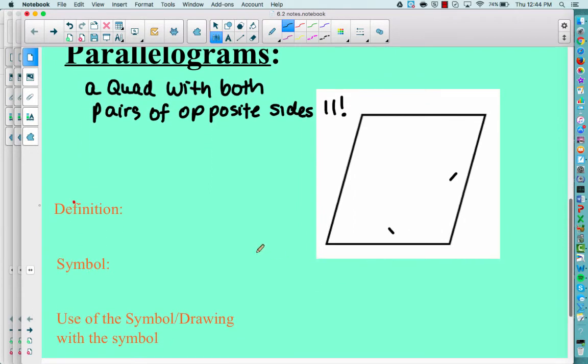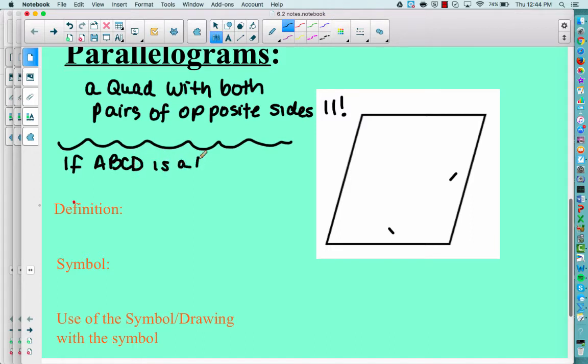All right, now, a couple of things that we need to know, and we're going to write this using an if-then statement. So if I tell you something's a parallelogram, so if I say ABCD is a parallelogram, and I'm going to use the symbol, so the symbol for parallelogram is a slanted rectangle that looks like a parallelogram, and I'm going to put a P in the middle of it.